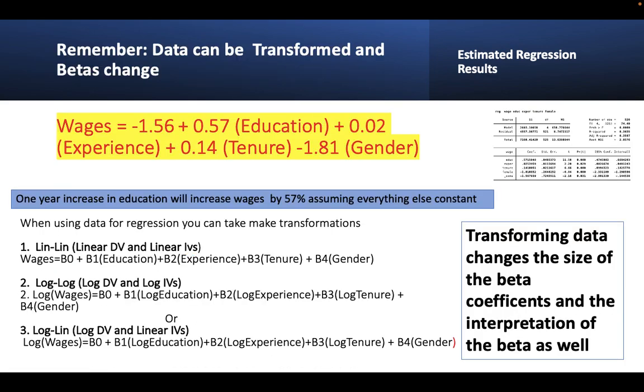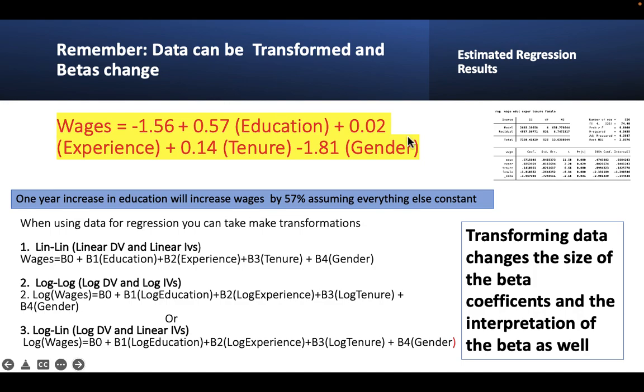But what's important to remember is that these betas that you're getting are impacted by how you enter your data into the software. So you can use wages in thousands or in lakhs.